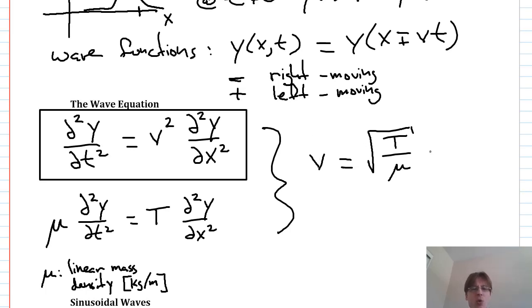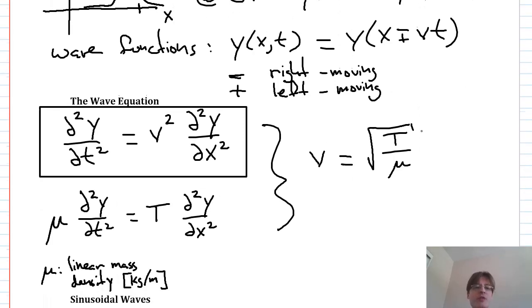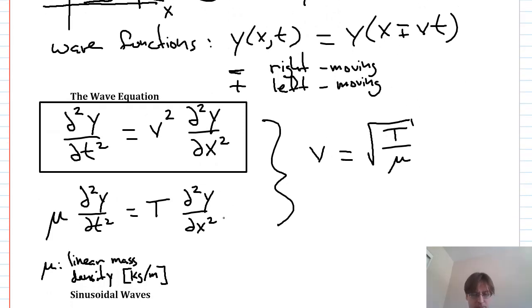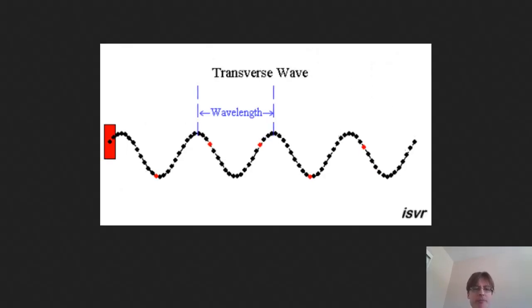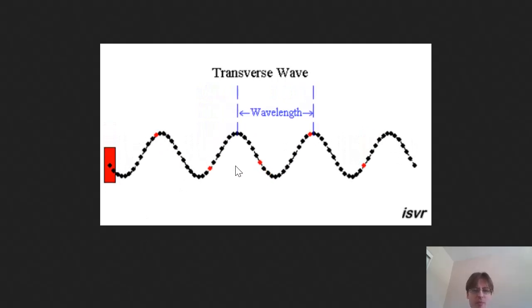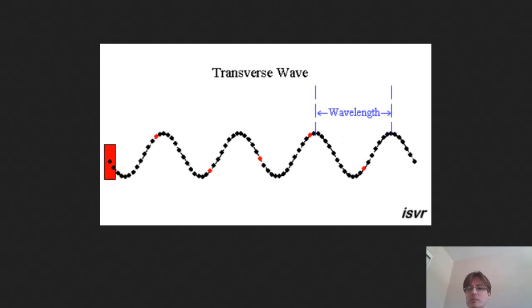Okay, so we've looked at general wave pulses and the physics that underlies them, and then we can use that to predict the speed the pulses will move. Now I want to look at the sinusoidal type waves, the ones that have this shape, and write down exactly what their wave function looks like.